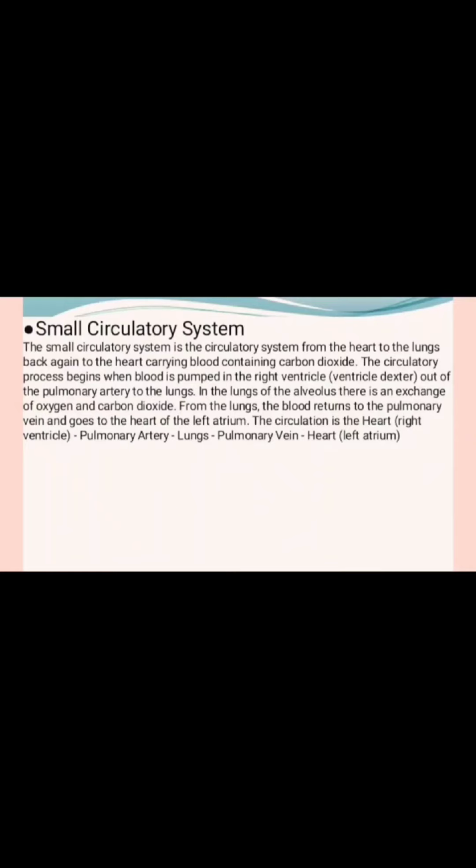In the lungs of the alveolus there is an exchange of oxygen and carbon dioxide. From the lung, the blood returns to the pulmonary vein and goes to the heart of the left atrium. The circulation is the heart atau right ventricle, pulmonary artery, lungs, pulmonary vein, and heart atau left atrium.